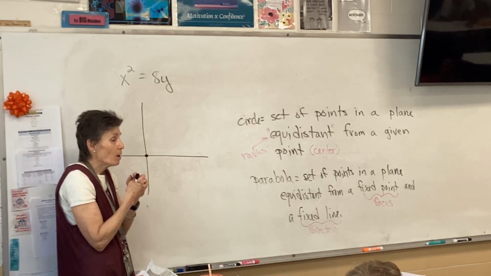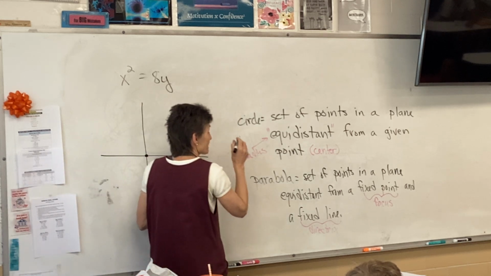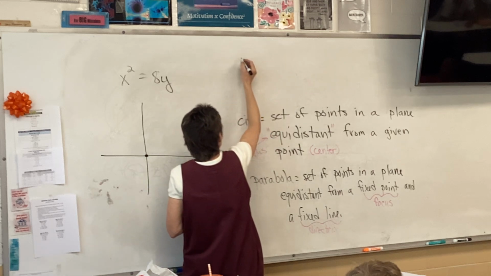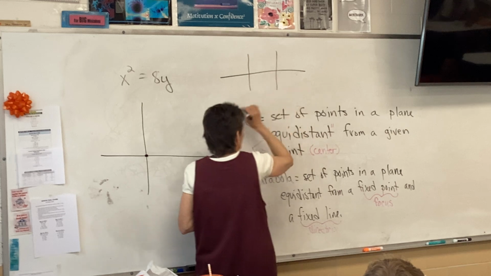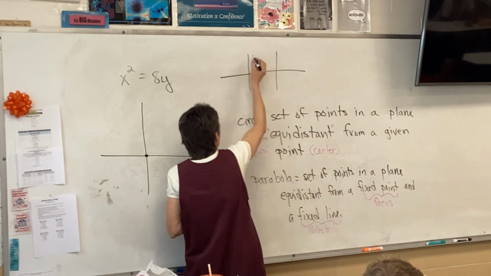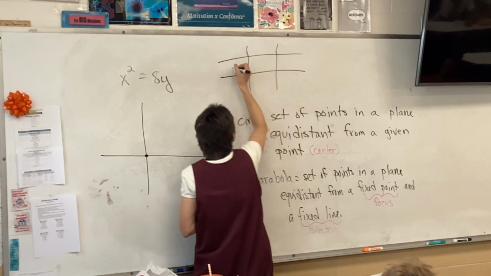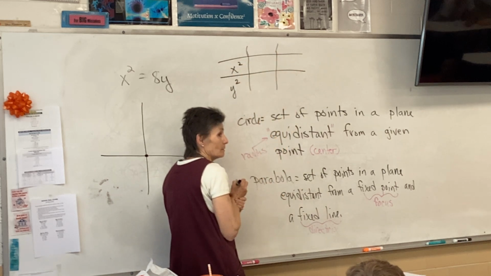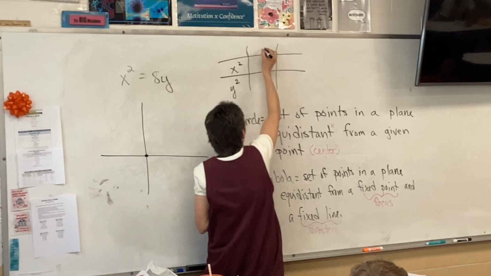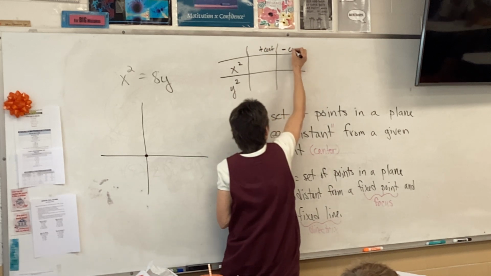Now, here is the one thing that you absolutely have to memorize. We are going to be looking at two kinds of parabolas. We're going to be looking at x squareds and y squareds. We're going to be looking at positive coefficient and negative coefficient.